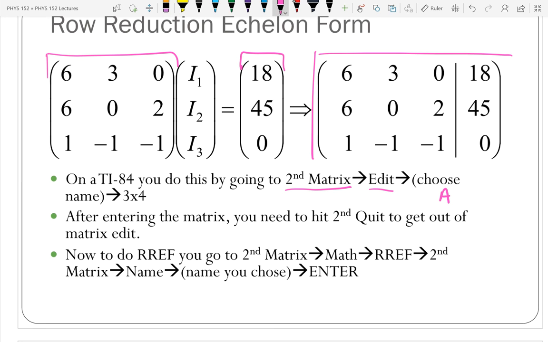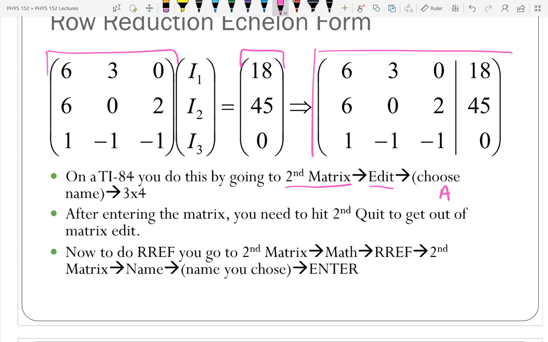So now we need to edit the matrix. You put in all the numbers. Then you go to your matrix math and choose row reduction echelon form, which is near the bottom.